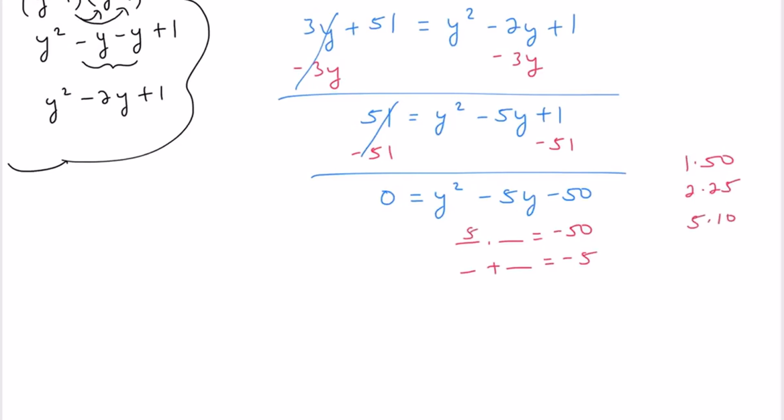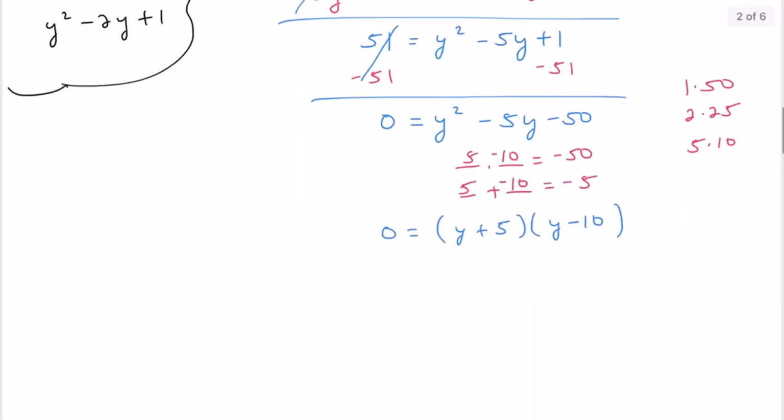So here we need 5 and 10. We need negative 50, so one of them needs to be negative. We need negative 5, so 10 is the one that's negative. We have 0 is equal to y plus 5 times y minus 10.